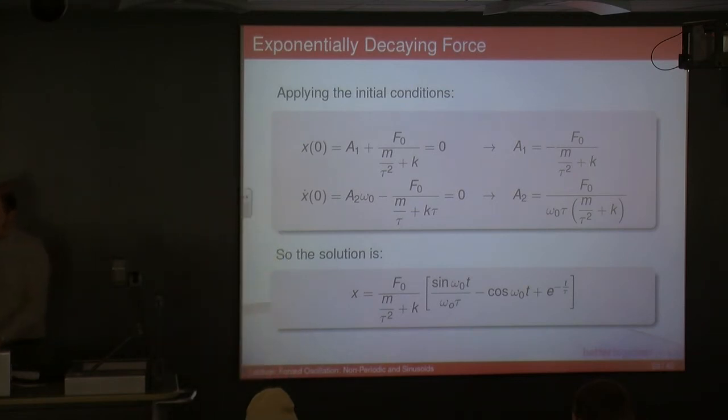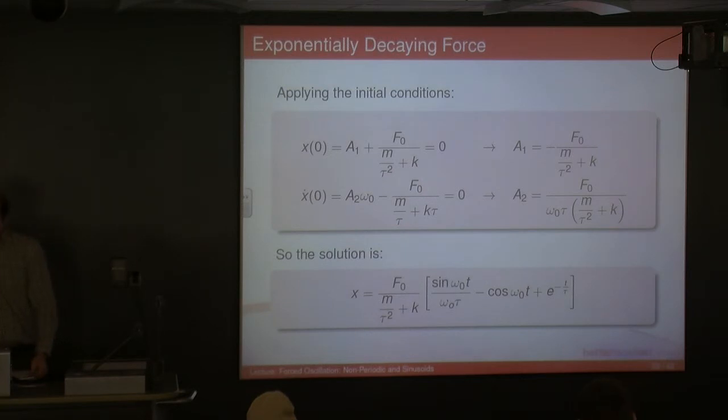Now on your formula sheet, if you look at the back of your book, on the penultimate page, so page 3 of the formula sheet, you can see what I've done for single degree of freedom, the following equation. For the undamped case, I've given you the general solution, and I've also given you the initial rest conditions.